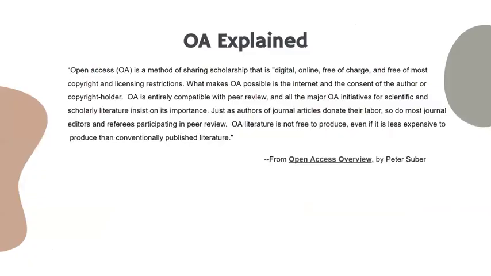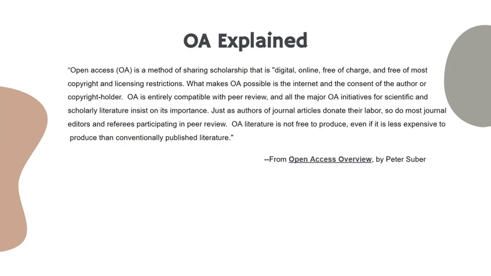So open access is a method of sharing scholarship that's digital, online, free of charge, and free of most copyright and licensing restrictions. What makes OA possible is the internet and the consent of the author as the copyright holder.